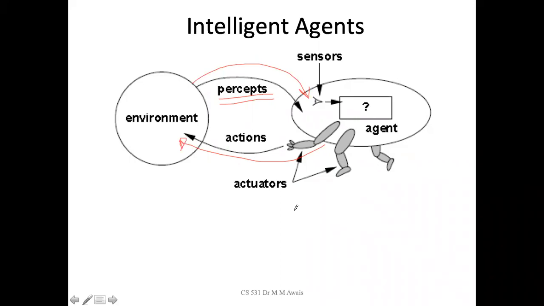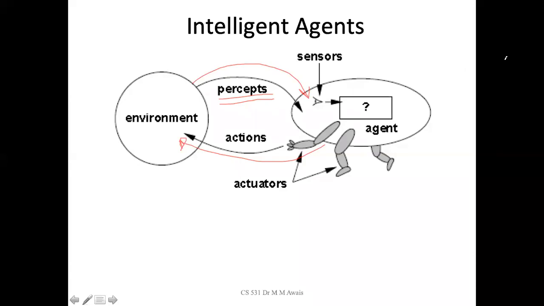So once the actions are selected and applied, then the environment changes again. And because there are changes in the environment, the sensors continuously perceive the environment.